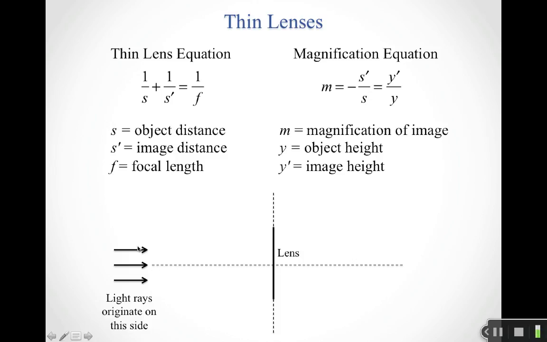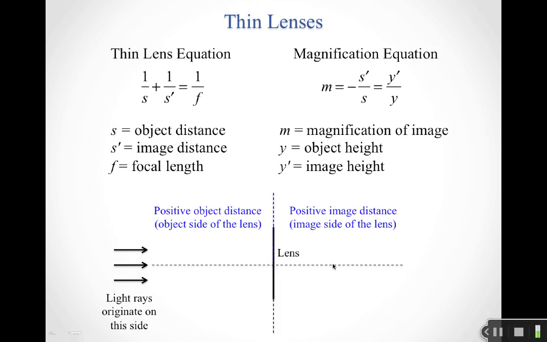So if our light rays originate on the left-hand side of the picture, which is usually where we will let them originate, and here's our lens, here's the principal axis, then in terms of signs, the side that the light rays originate on is the object side of the lens, and so objects over here will have a positive object distance.